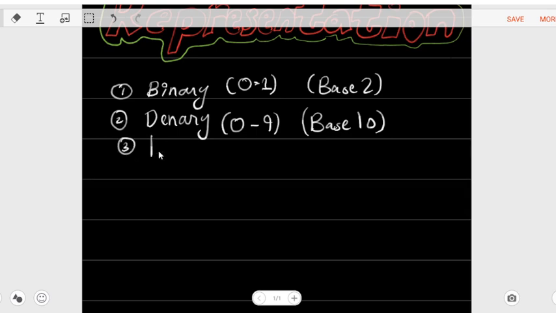Next we have the hexadecimal number system. Hexadecimal is a base 16 number system.